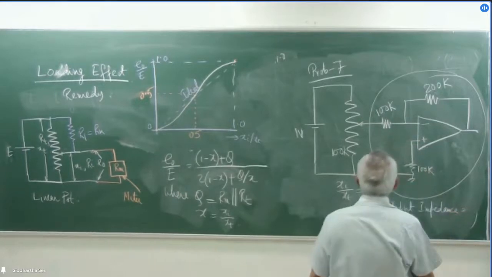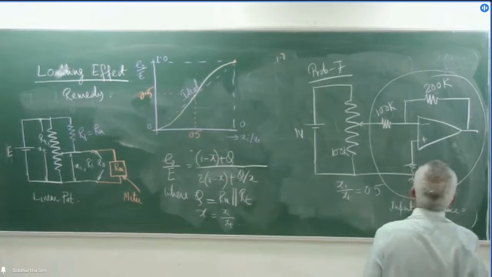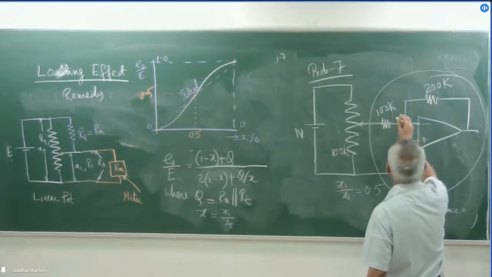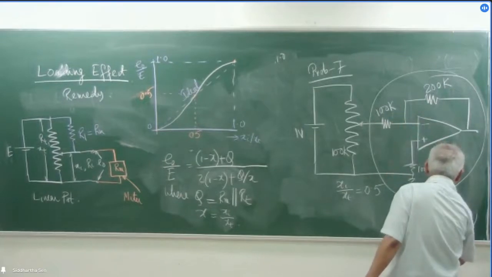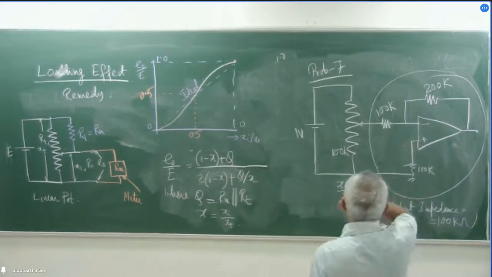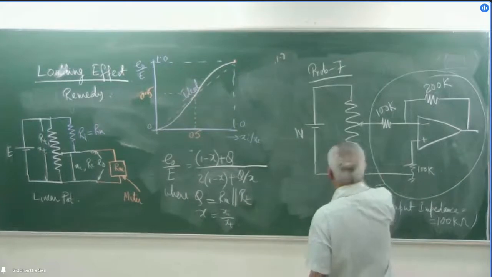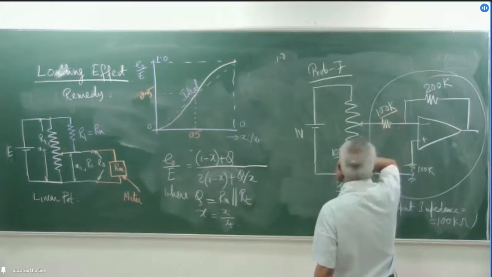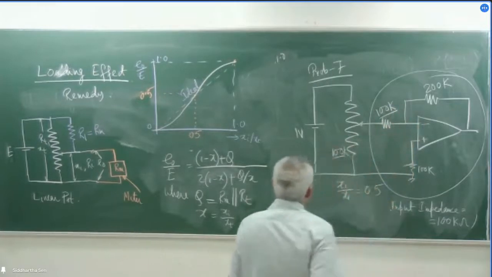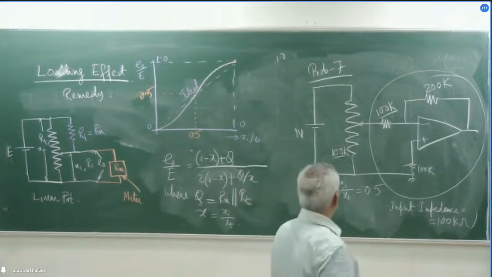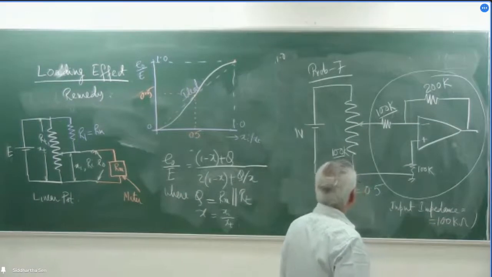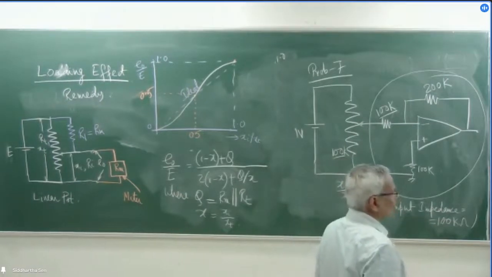You must be knowing that, because this point is virtual ground, the input impedance is approximately 100 kilo ohm. Incidentally, the input impedance of this circuit and the total potentiometer resistance are almost the same. So what will happen? What will be the effect?